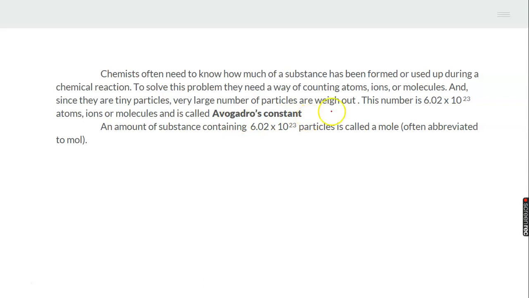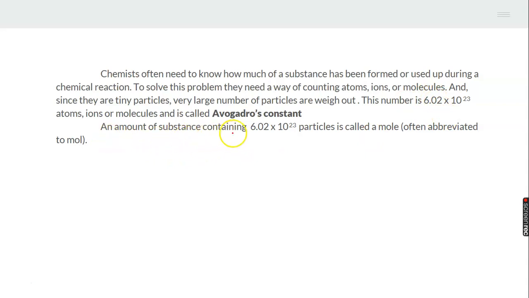So he was the one that gave us this calculation. Since they are very tiny, when chemists want to carry out an experiment, they have to weigh them out, and after weighing them, all you need to do is to use the Avogadro's constant.